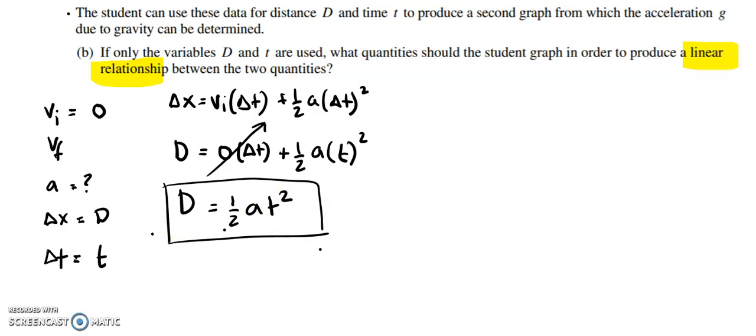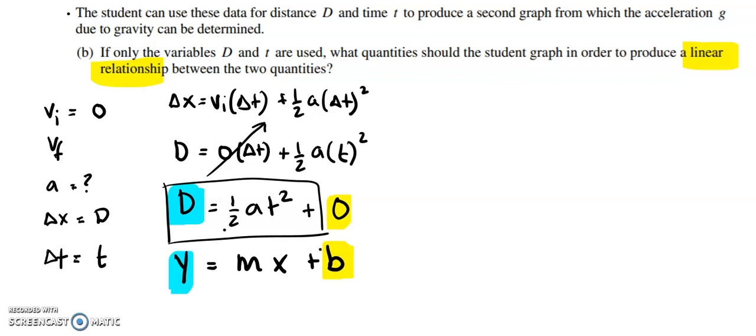I always compare the equation that represents the relationship between the data to a linear form, which is y equals mx plus b. In this case, d is like y, and b definitely looks like 0 right there. The x variable is your independent variable. What else up here is changing?